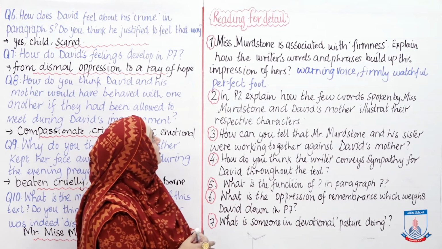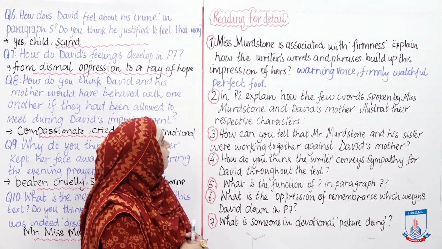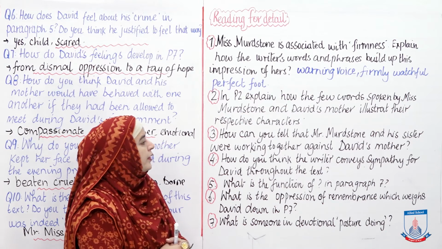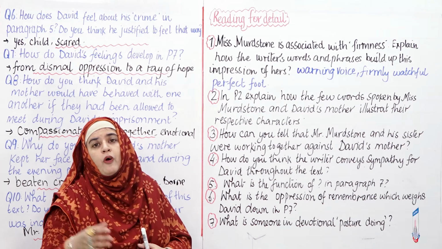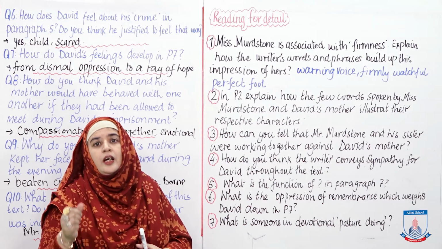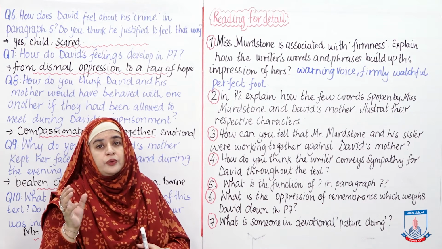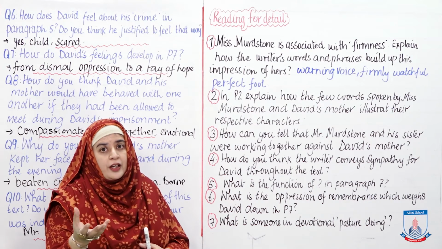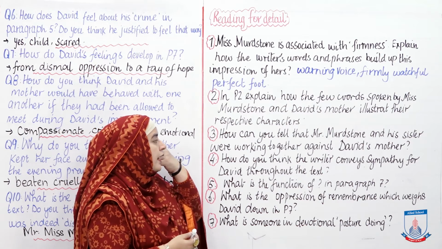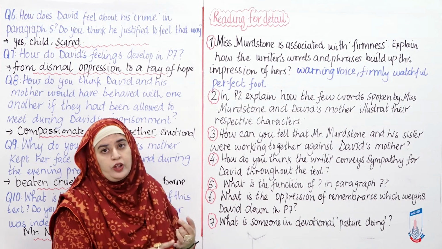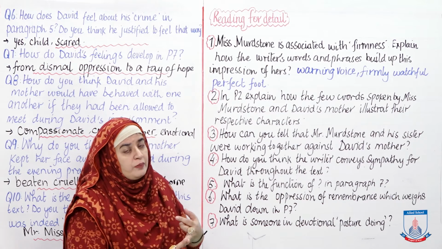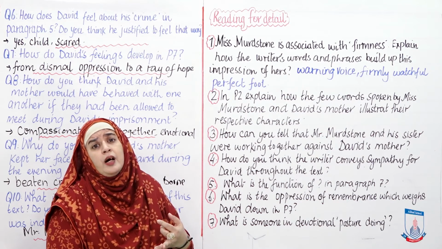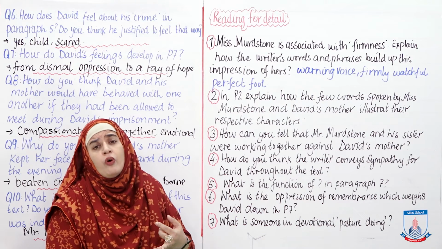The questions are saying that Miss Murdstone was associated with firmness. Explain how the writer's words and phrases built up this impression of hers. Miss Murdstone has been described as a very firm and strict woman. What words and phrases has the writer used that create this impression of Miss Murdstone? The writer has used words such as she had a warning voice, she was firmly watchful, and she called David's mom a perfect fool, and she warned her.